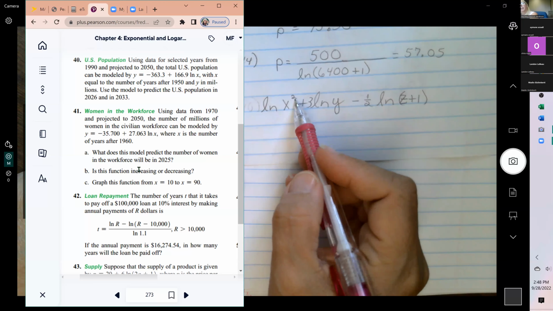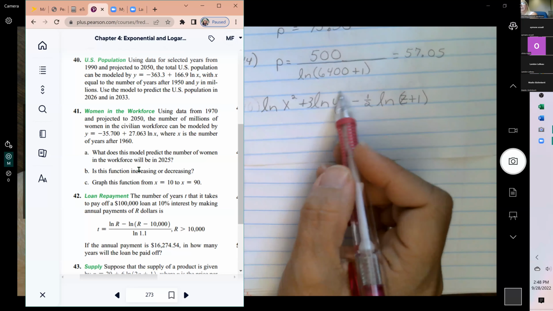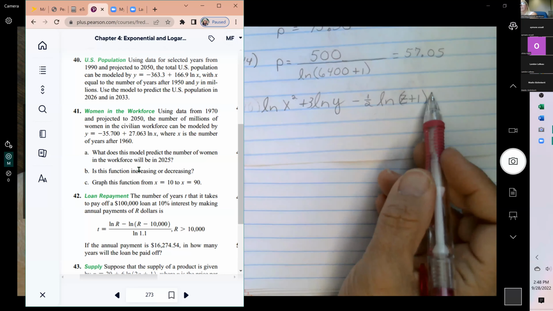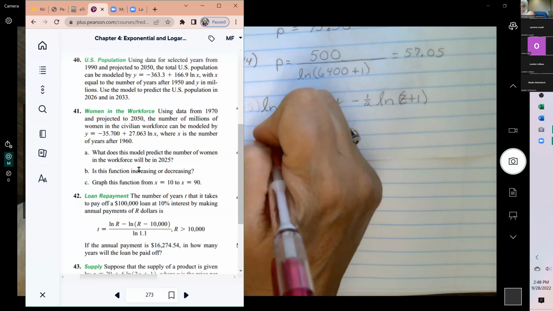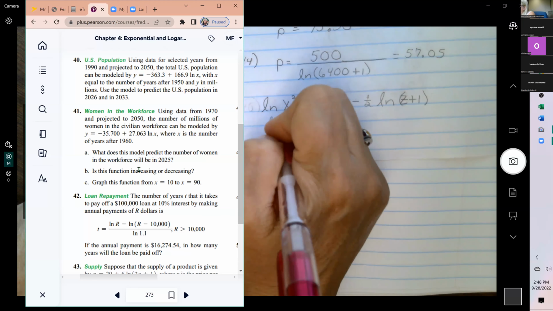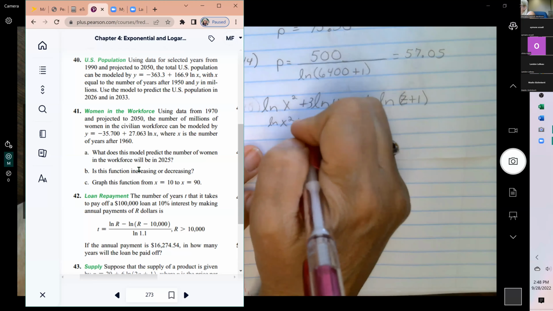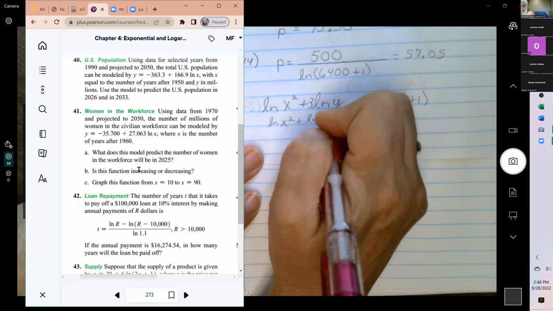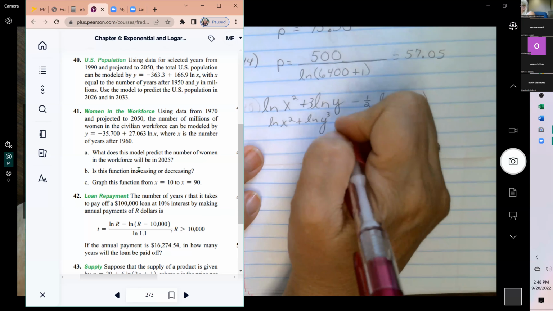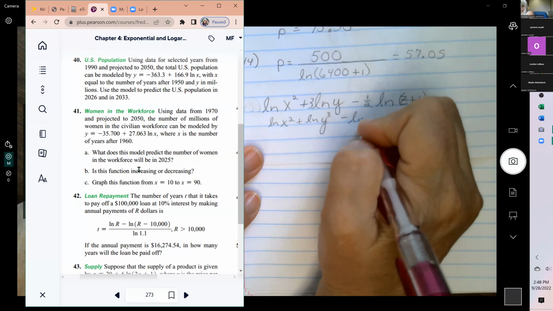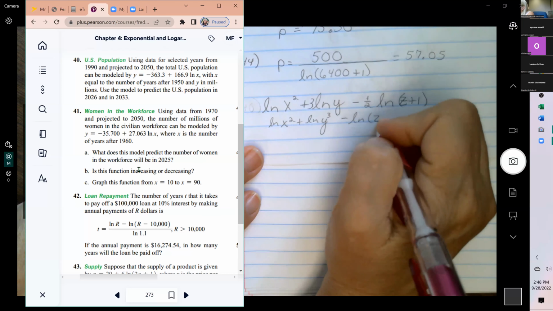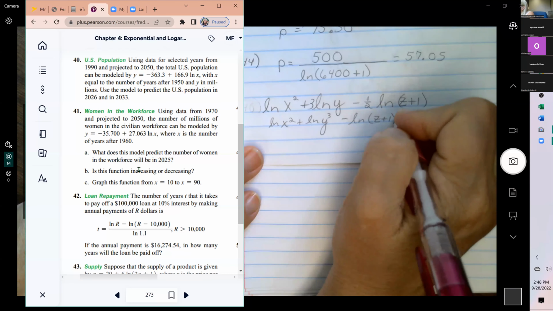Now this one was already up, but the 3 can go up and the 1/2 can go up.